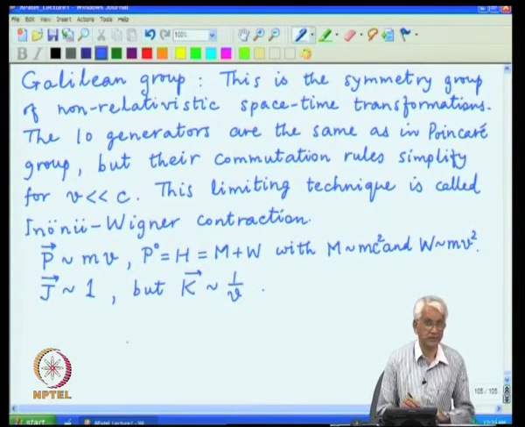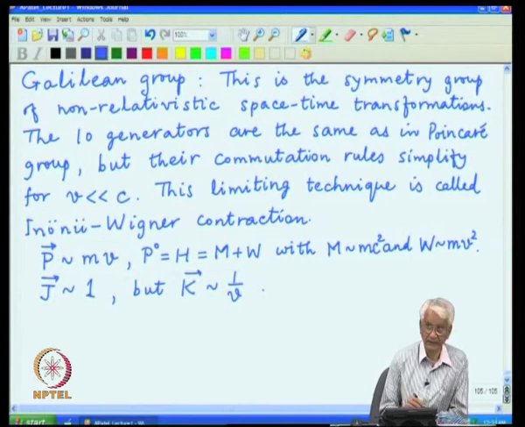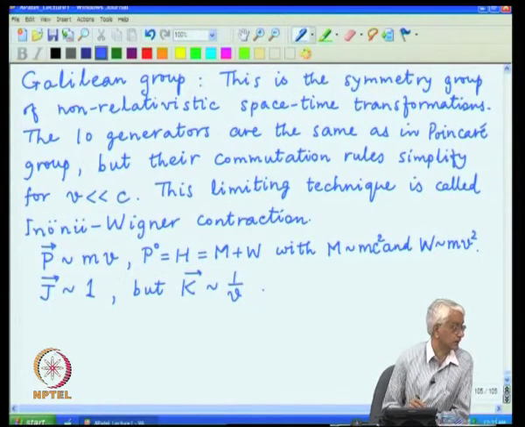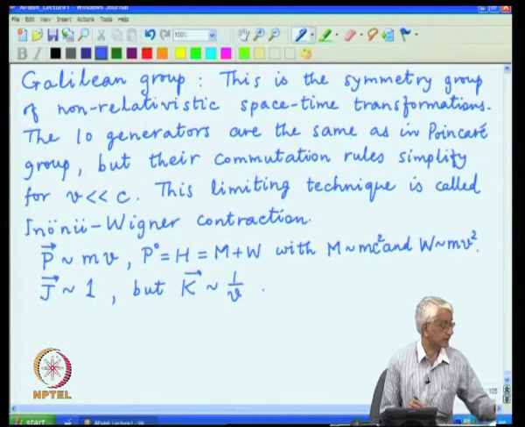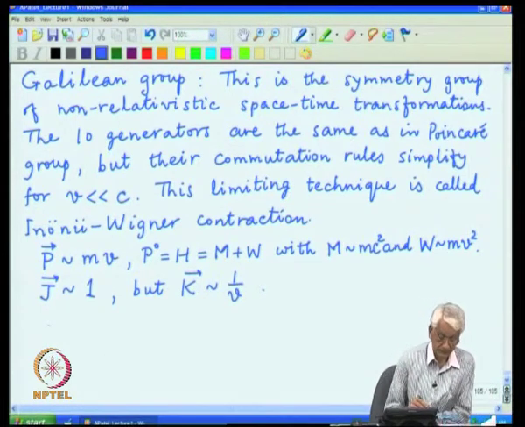And so, now we go back to the commutation rules which we wrote down for the Lorentz group, and I can write it in this particular language of angular momenta and p.